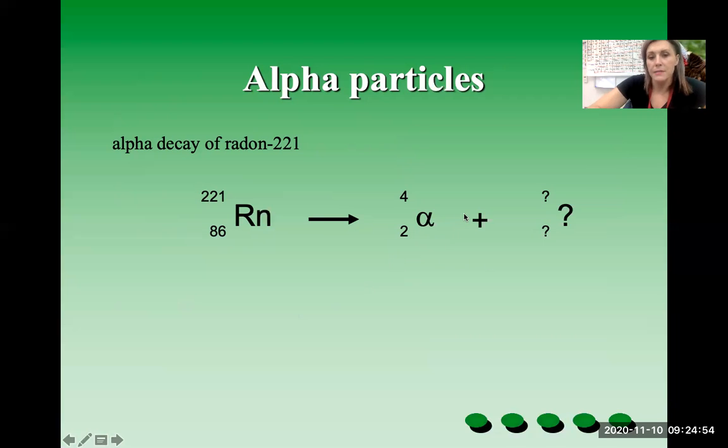So we said the mass number decreases by 4. So 217 plus 4 is 221. Think of this as an equal sign. And then the atomic number decreases by 2. 84 plus 2 is 86. And you look on the periodic table to figure out what element that is. 84 is right there, it's polonium. And its symbol is Po, capital P, lowercase o.